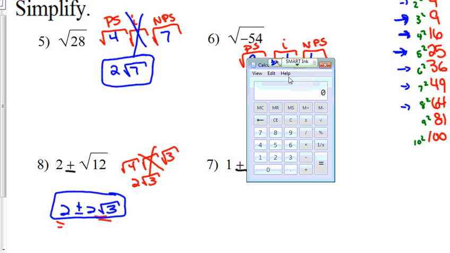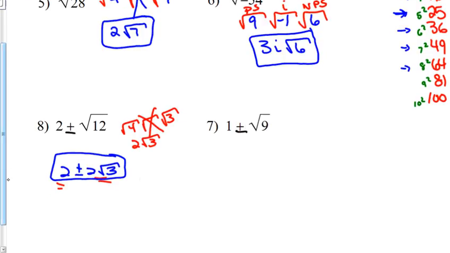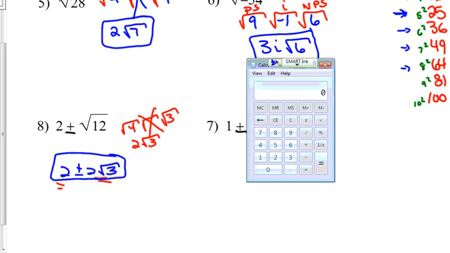So you would actually have 2 plus 2 root 3 and 2 minus 2 root 3. So we need the square root of 3 to start with. And then we multiply by 2. And then we're going to add 2.